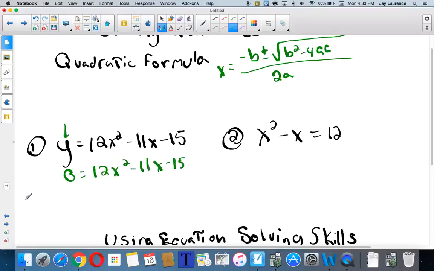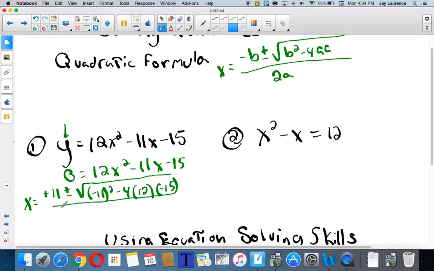So I'm going to get x equals the negative of b, plus or minus the square root of b squared minus 4ac all over 2a, 24.